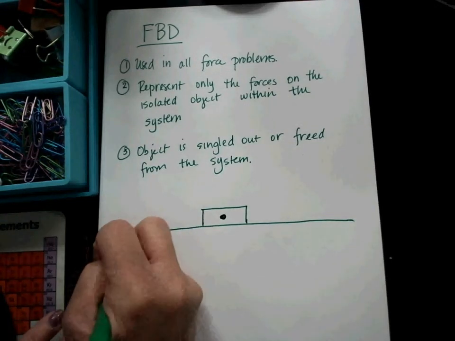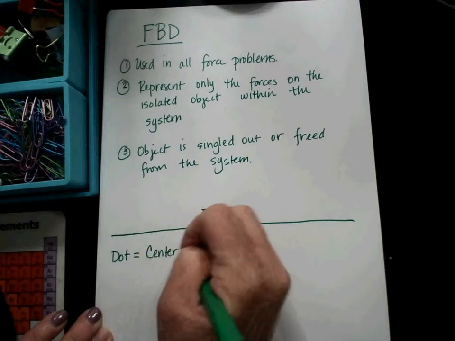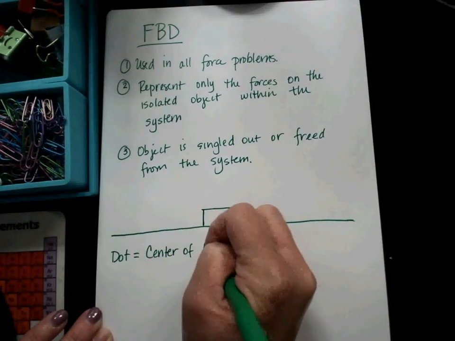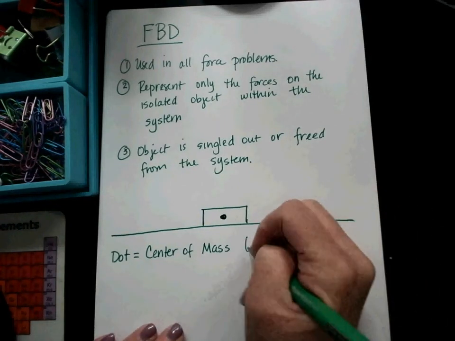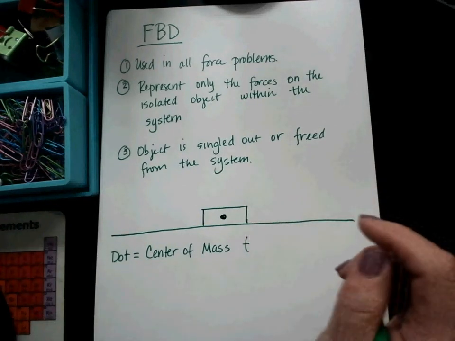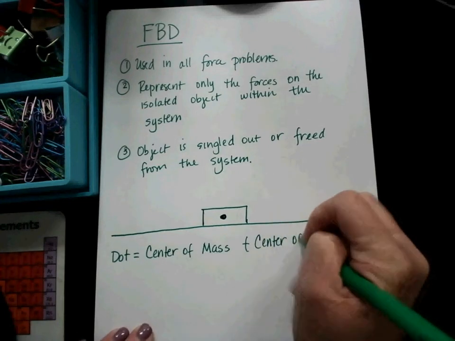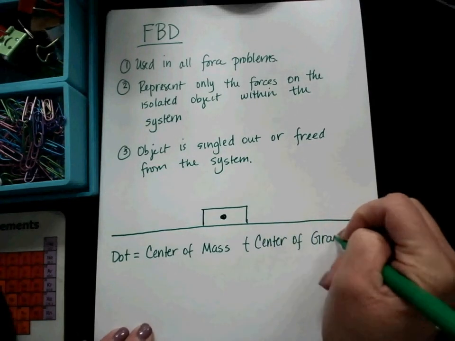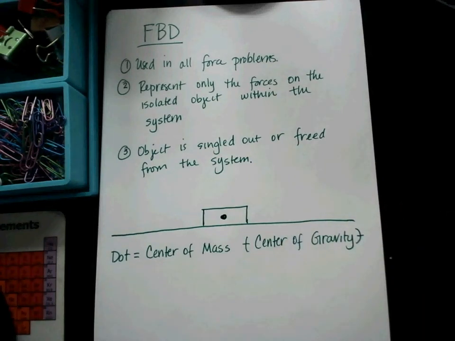Now, that dot, we call it the center of mass. And sometimes, not usually in these force diagrams, but later on, you might see it as center of gravity, because remember, gravity acting on the mass makes a weight. So those terms are kind of interchangeable.